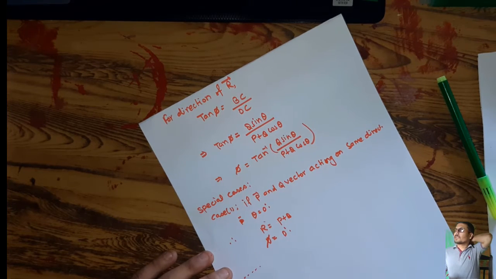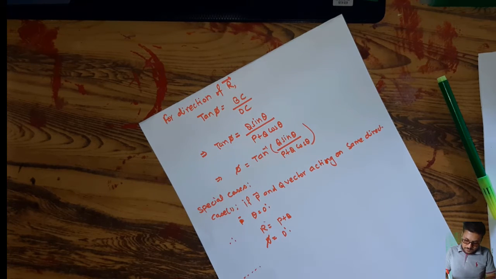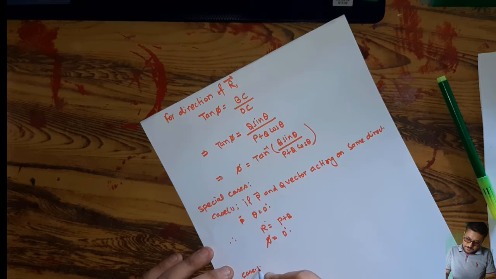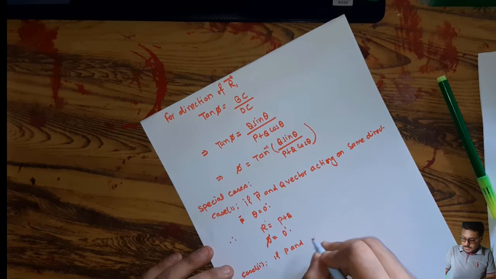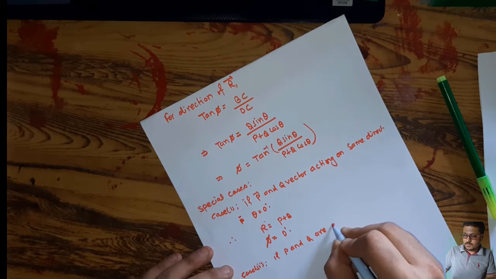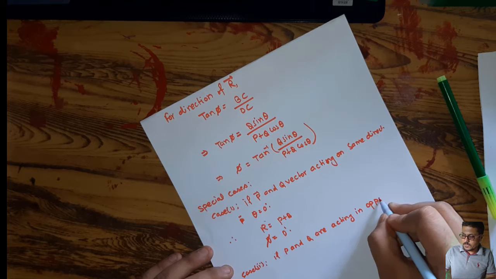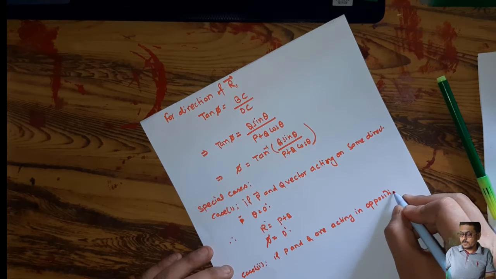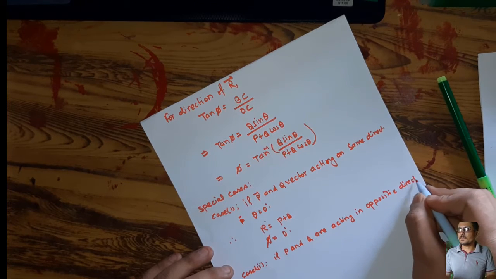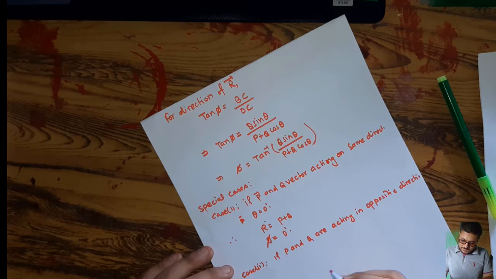We can solve the other cases also. You can do it at home. Case 2, I will give you homework: if P and Q are acting in opposite direction. If you don't know, I will give you the answer, please write in the comments.